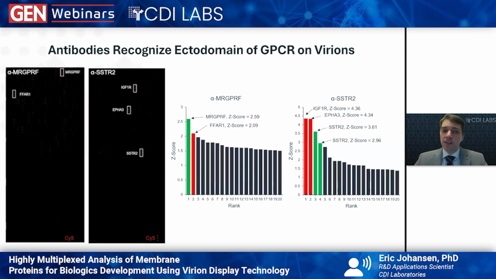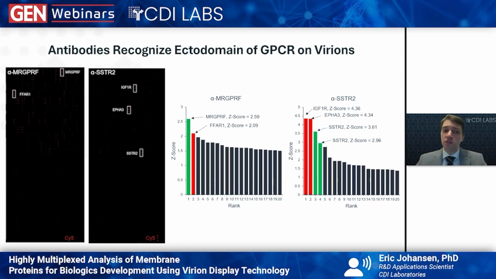For some other antibodies that we have, we see a similar pattern, but with some more background. As is the case of MERG-PRF, we still see specific binding towards the intended target, but we start to see some more noise and background with other GPCRs that are expressed on the array, suggesting that this antibody isn't as clean as the others that were tested.